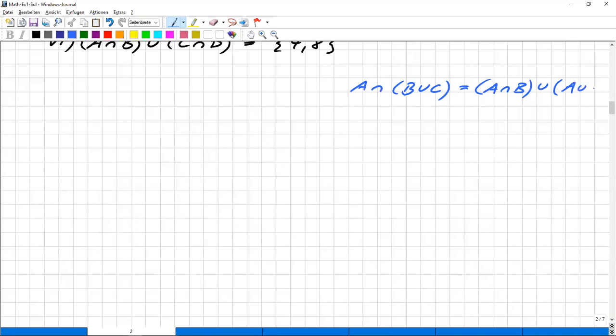Well, I will try to explain. Union. Sorry, I have difficulties writing it. Anyway, the other variant is analogous. So that's the same rule with exchanged operations.